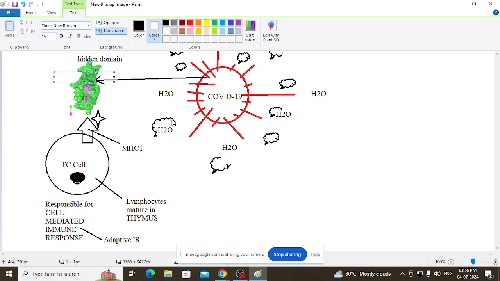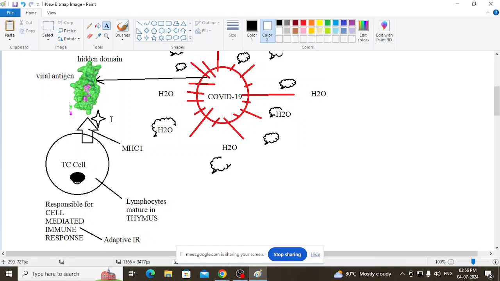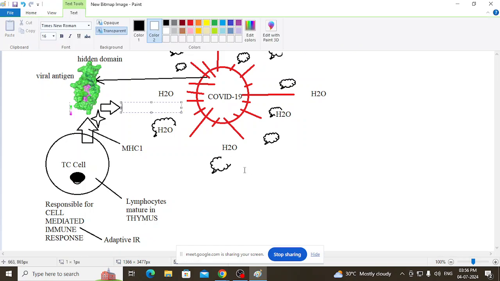This is a viral protein. If it had been a bacterial protein, MHC2 would have been activated on some other type of cell. So we will write it as viral antigen. It will bind with the MHC1 molecule present on the cytotoxic T lymphocyte, and this binding will eventually lead to an influx of other phagocytic cells.